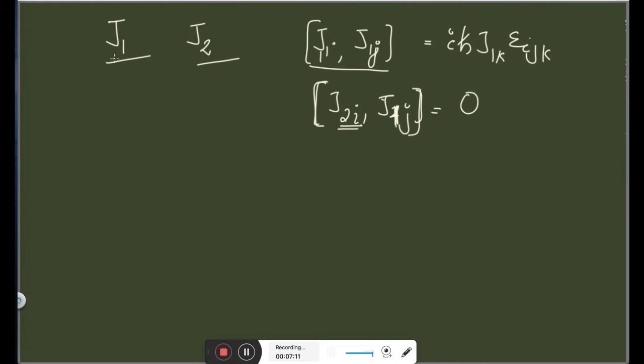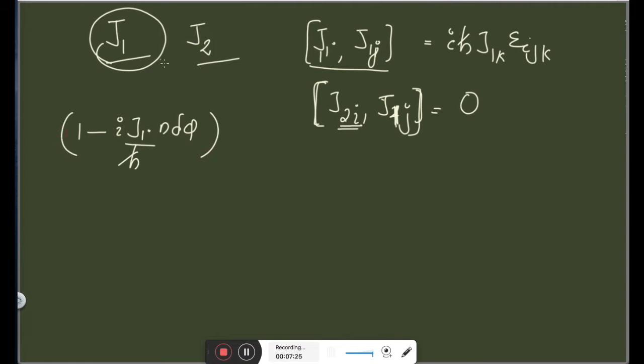Now you can see that if you have infinitesimal rotations defined in the subspace 1, you can write it equal to 1 minus i J1 dot n delta phi by ħ. And if you similarly define it in the second subspace, we know that it is 1 minus i J2 dot n delta phi divided by ħ.